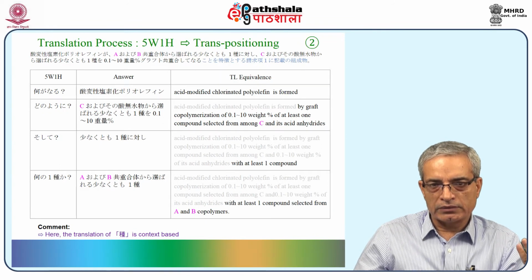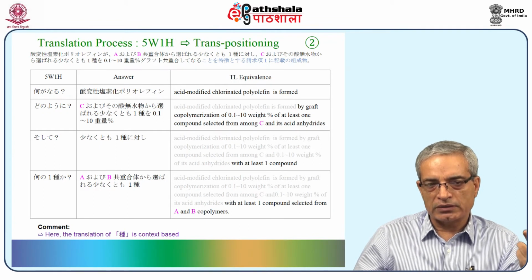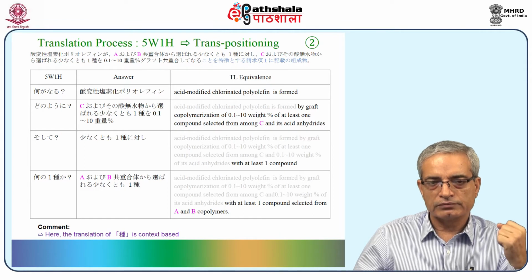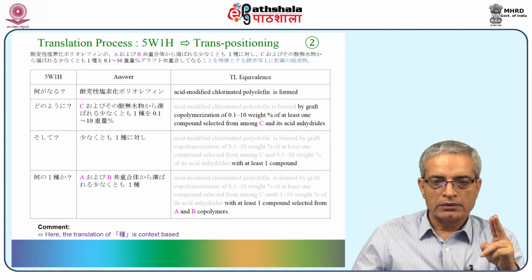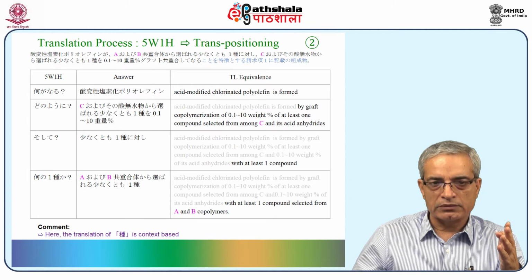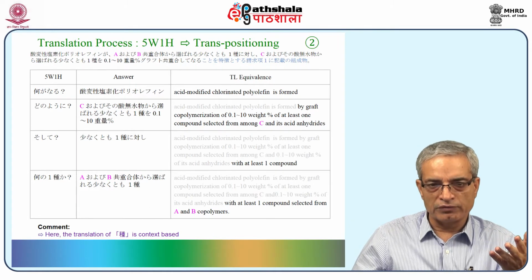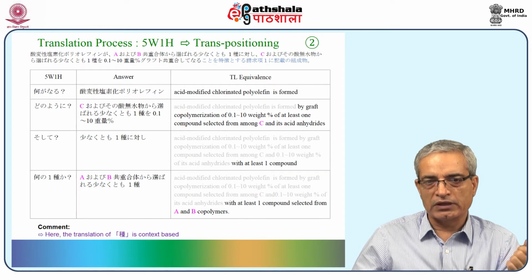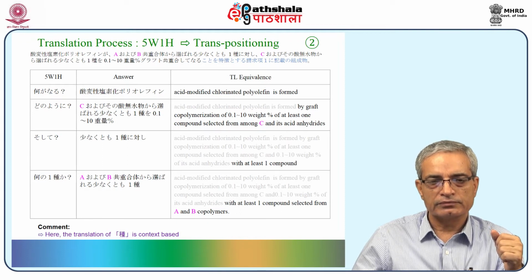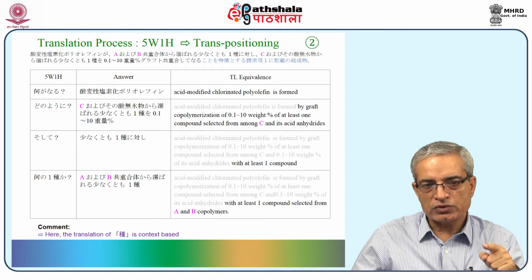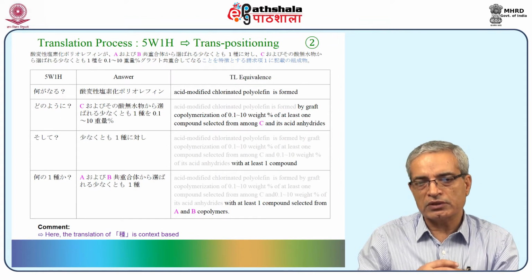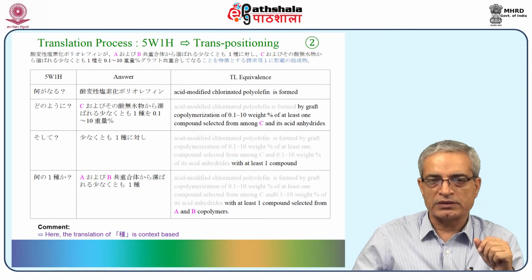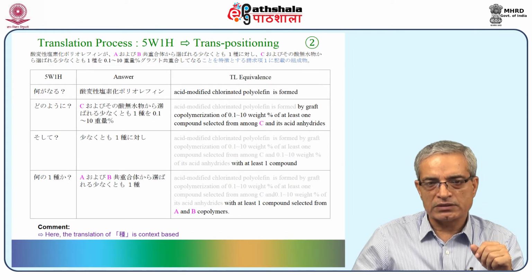Now again, let's do the transpositioning. First question: what is formed? Acid modified chlorinated polyolefin is formed. In what way?